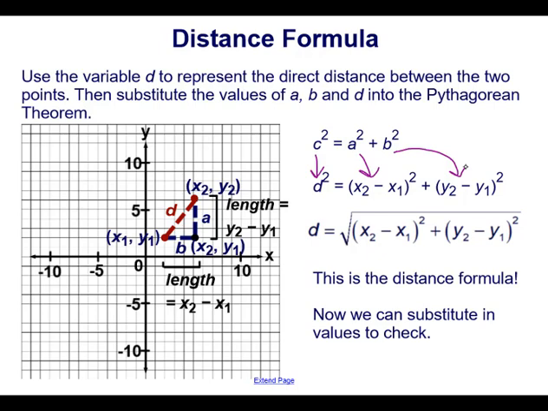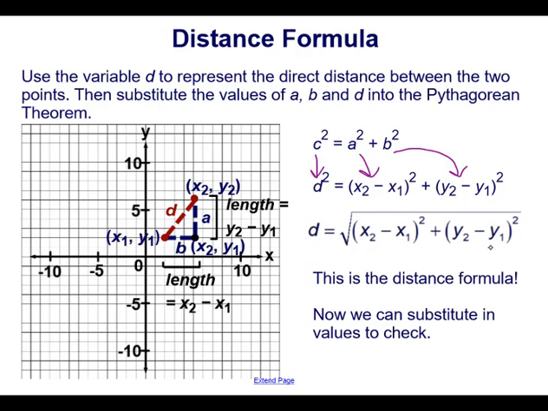So now, if we wanted to solve for d, we don't want d squared, we would take the square root of both sides. So d on its own would equal the square root of x2 minus x1 squared plus y2 minus y1 squared. And that, in fact, is the distance formula. That is what we can use to find the distance between any 2 points, because even though we used specific points on the coordinate plane to do this demonstration, we didn't use the specific point values.